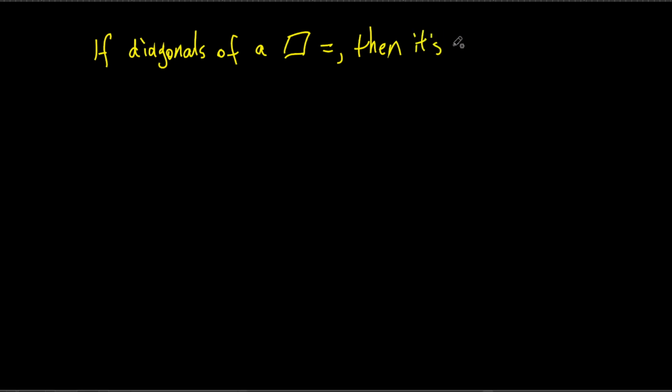Then it's a rectangle. It's kind of the opposite. We call it the converse, okay? If it was a rectangle, what do we know about the diagonals? The diagonals would be equal, okay? So if you have a parallelogram and the diagonals are equal, what does that make it? It makes it a rectangle. Somebody get that, please?